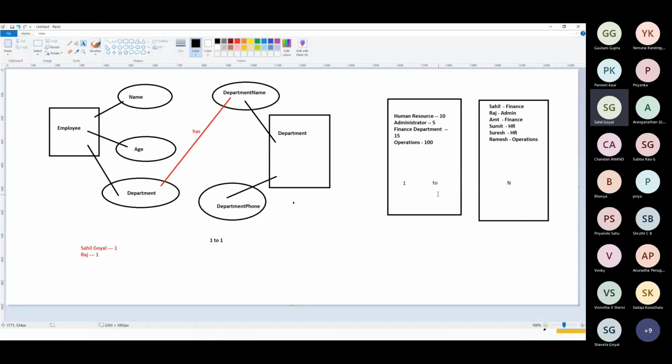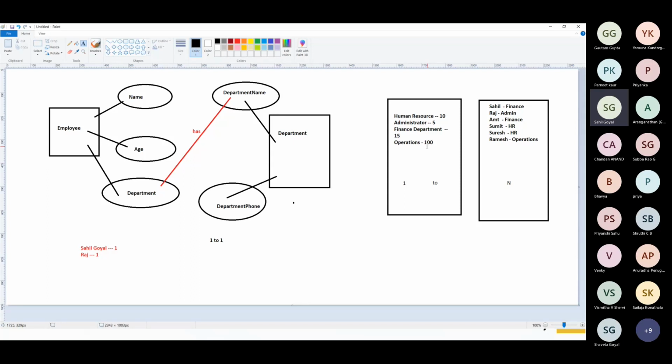So earlier we were discussing the concept of 1 to 1, where each employee belonged to only one department and there was no repetition in the department. But in this case, departments are being repeated and multiple employees can link to the same department.